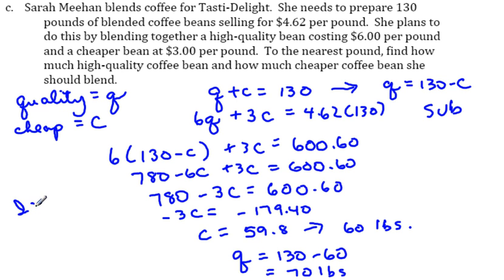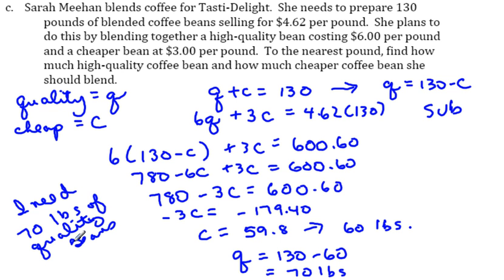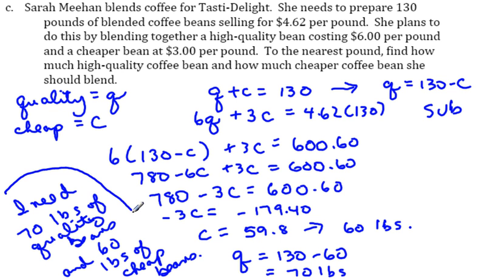I need 70 pounds of quality beans and 60 pounds of cheap beans. And 70 and 60 adds up to the total that we need, so that looks like the right answer. Remember, in a word problem, you answer the question, so that's the answer to the question.